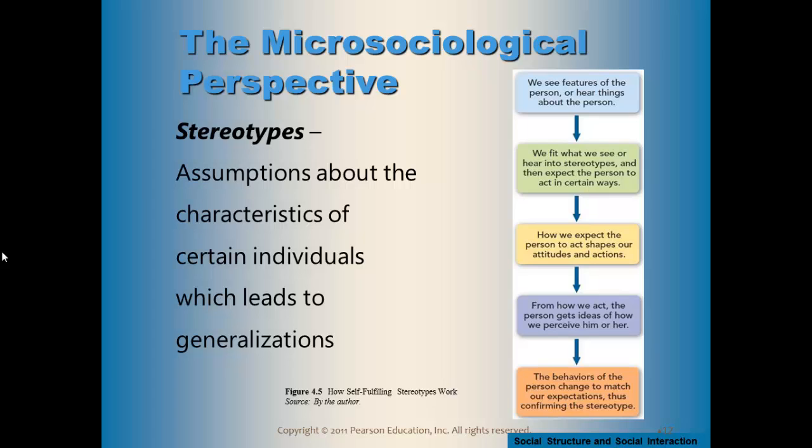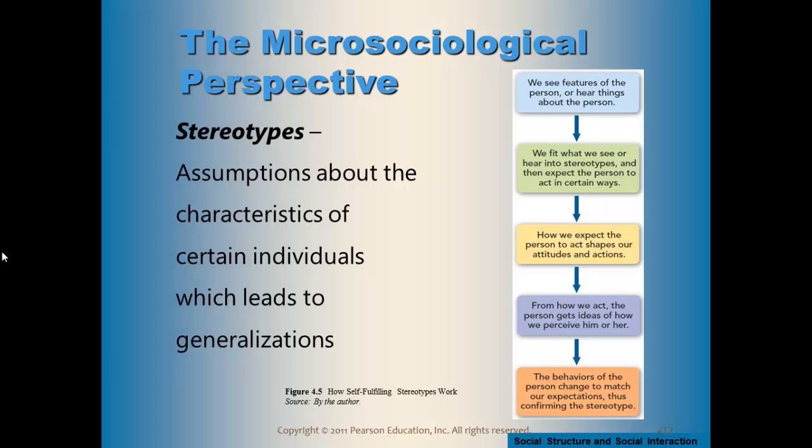One is stereotypes, and stereotypes are assumptions about the characteristics of certain individuals which lead to generalizations about that group. So, as this little chart shows us, we see features of a person or hear things about that person that causes us to fit them into stereotypes, and we begin to expect, because of the things we've heard about this person or this group of persons, them to act a certain way.